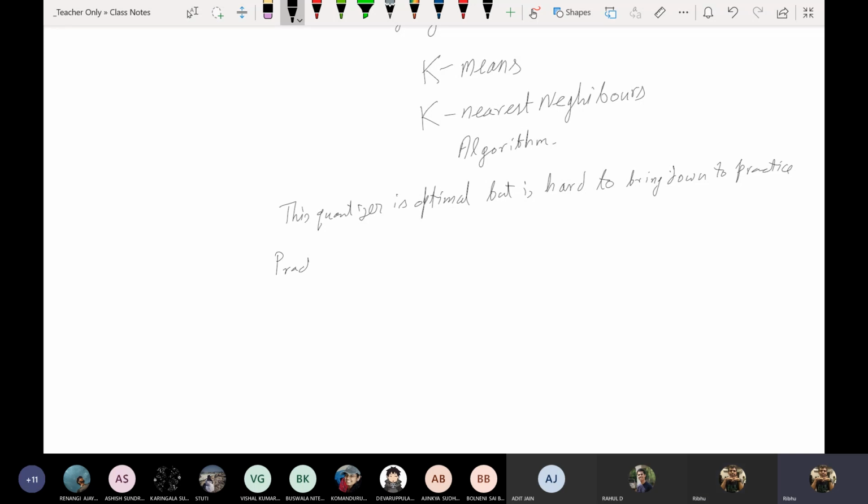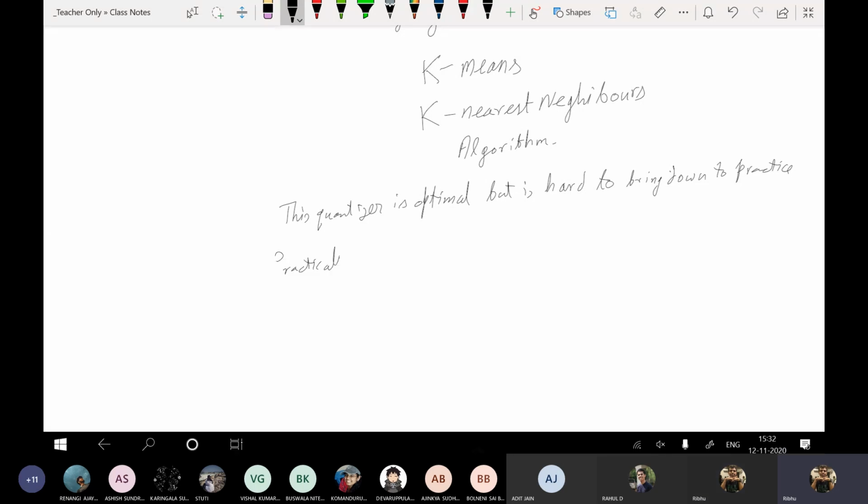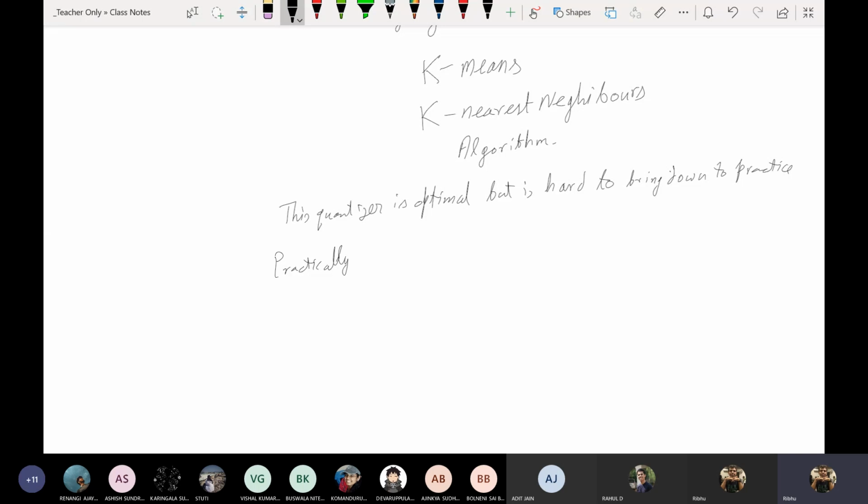practically, we use uniform quantization.